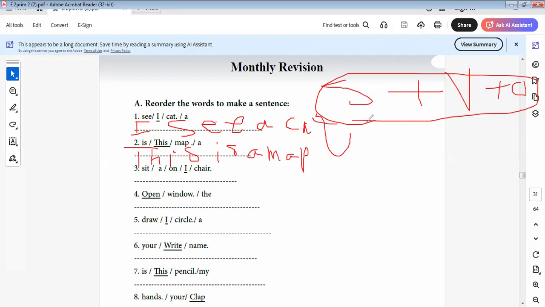Now we know the rule, we can apply the rule to the rest of the exercise. It will be I sit on the chair. Here it will be I sit on the chair.